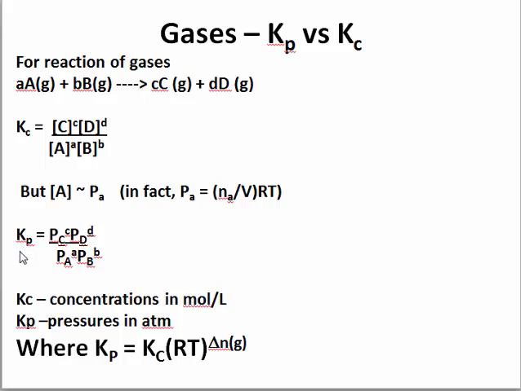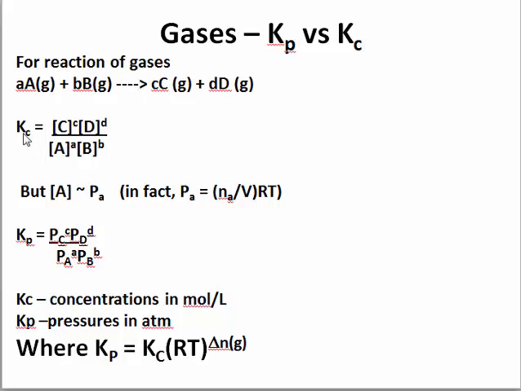So, for any reaction involving gases, it is possible to write an equilibrium expression involving partial pressures, in which case you have partial pressures of products raised to powers in the numerator and partial pressures of reactants raised to powers in the denominator.